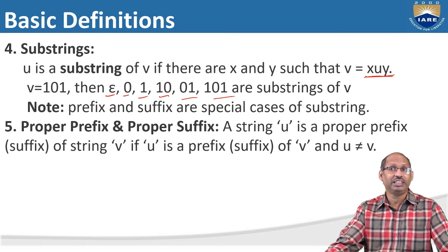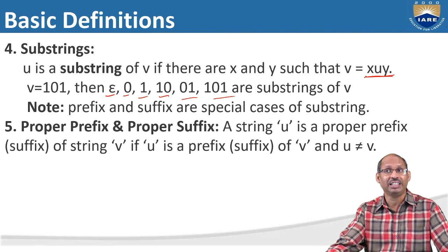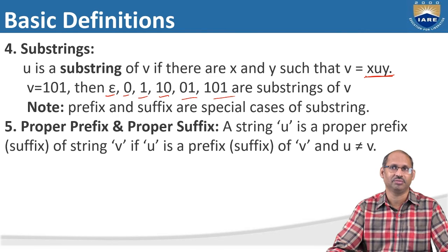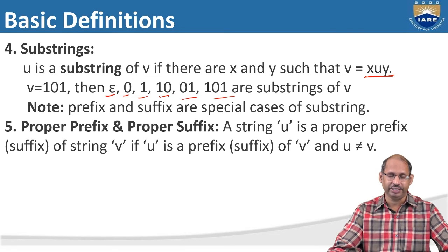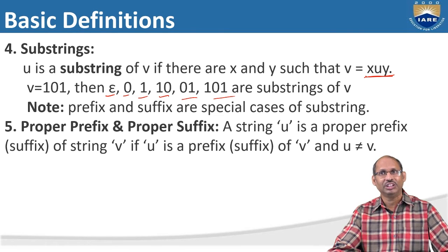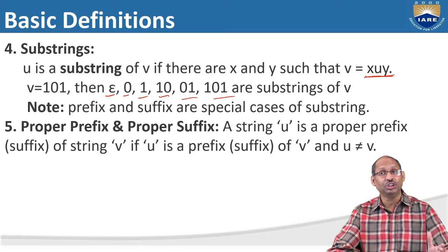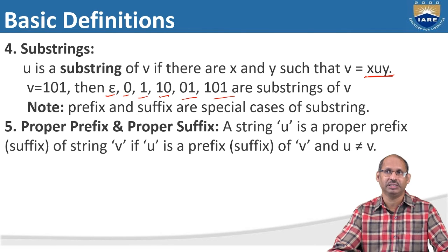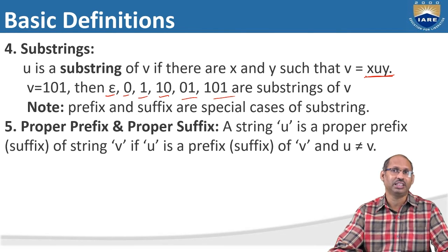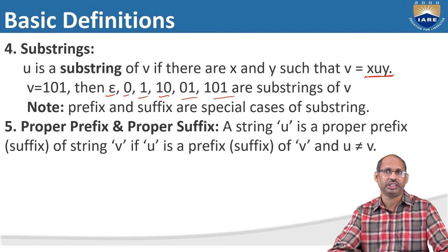Prefix and suffix are special cases of substrings. The substrings are obtained by removing 0 or more leading symbols or 0 or more ending symbols, or removing both, to get a substring of a given string.